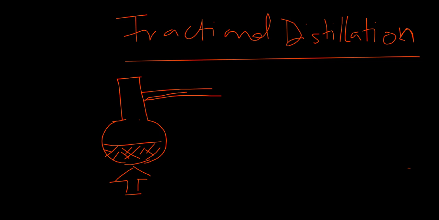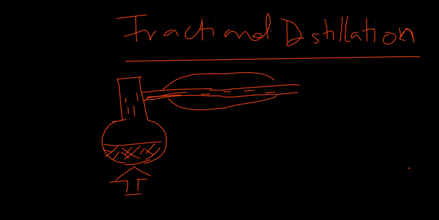All of it will vaporize and pass through this tube like that. Of course, there will be a condenser somewhere here that would condense the ethanol into liquid ethanol for us to be able to capture it somewhere here. So the liquid ethanol will be captured here.